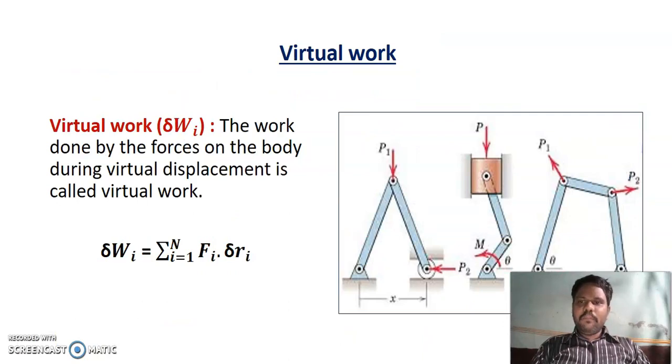The work done by the virtual displacement is called virtual work. It is given by delta W equals summation i equals 1 to n Fi dot delta Ri.